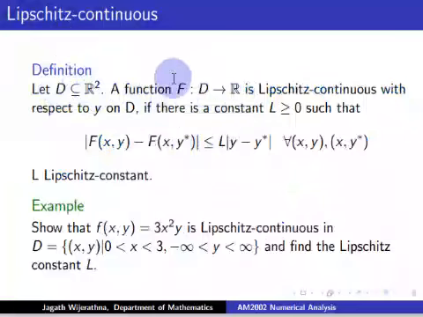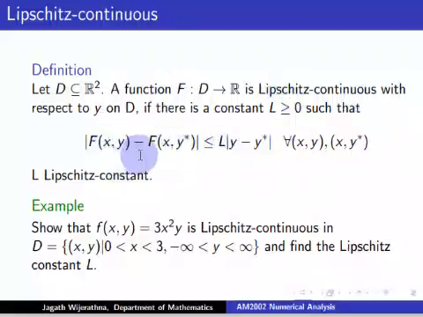If there exists a constant L such that this inequality is satisfied, then f is said to be Lipschitz continuous with respect to y on domain D. So, the modulus of f(x, y) minus f(x, y star) is less than or equal to that constant L times the modulus of y minus y star.